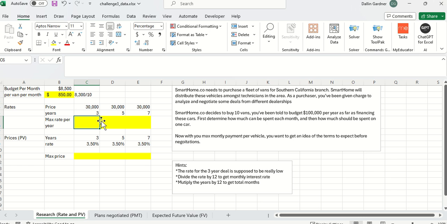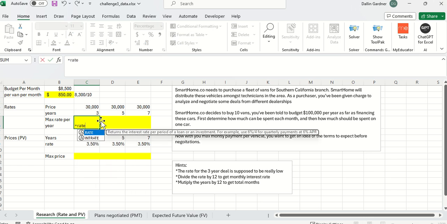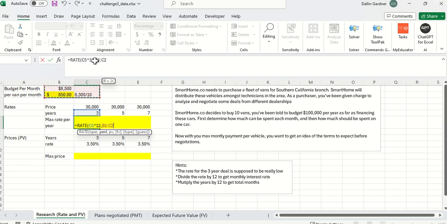Next we want to find the rate, or the APR. We have the number of periods times 12. We have the payment, and that needs to be a negative, so we need opposite signs. Then we need a present value and a future value of 0.